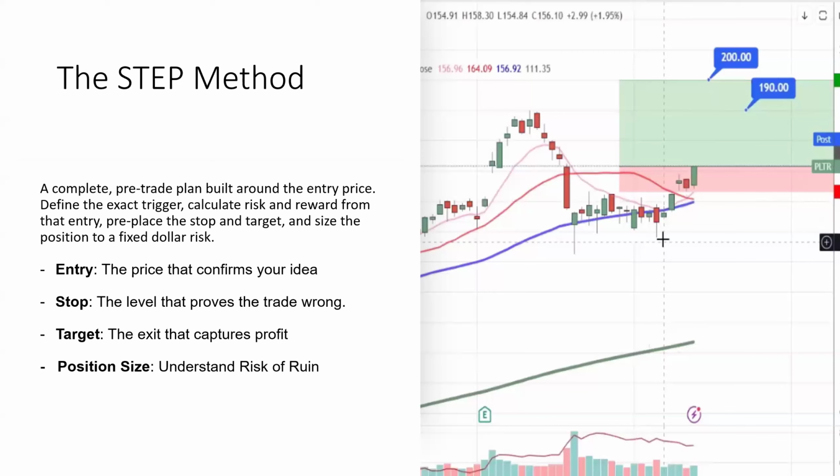So if I'm prepping a trade and I love the pattern, I love the trend, I love the stock, but I only get 0.9 return for one risk, is that a good trade? Yes or no?